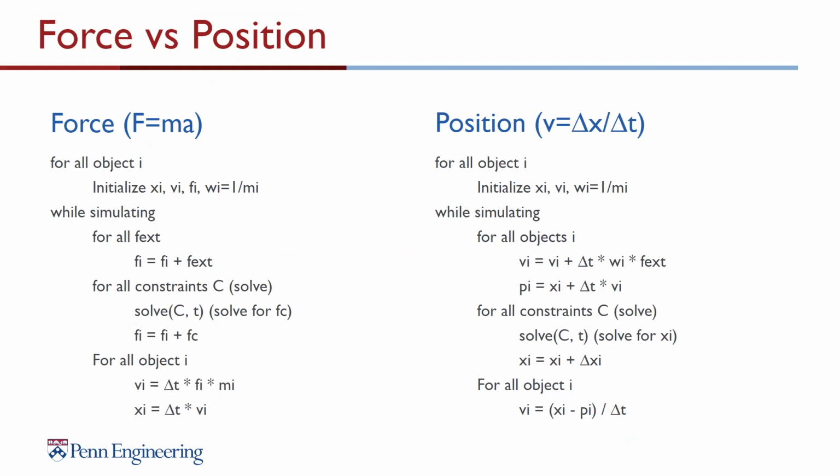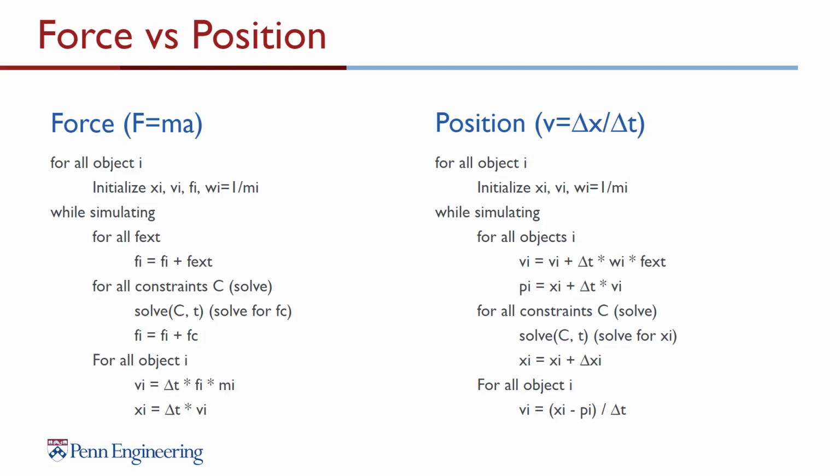So basically, you initialize the position, velocity, and the force, and usually the inverse mass. And then you calculate all external forces and add them up into the original force of the object. And then you resolve the constraints by solving for the force that will resolve the constraint.